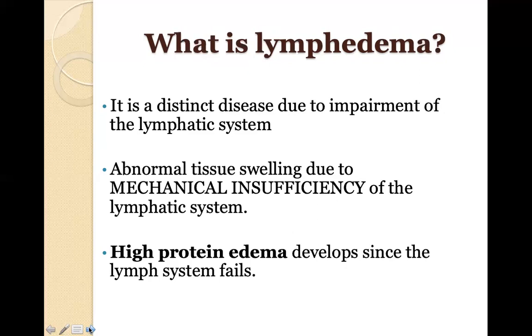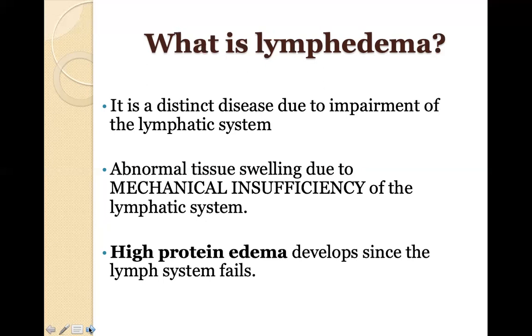Because that lymphatic system is broken down, mechanical insufficiency, think of it like a car broken down. Because that lymphatic system is not functioning, that's why you end up with a high protein edema when that lymph system fails. Now, what's the big deal between high protein or low protein? Low protein edema will always be soft and pitting in nature.